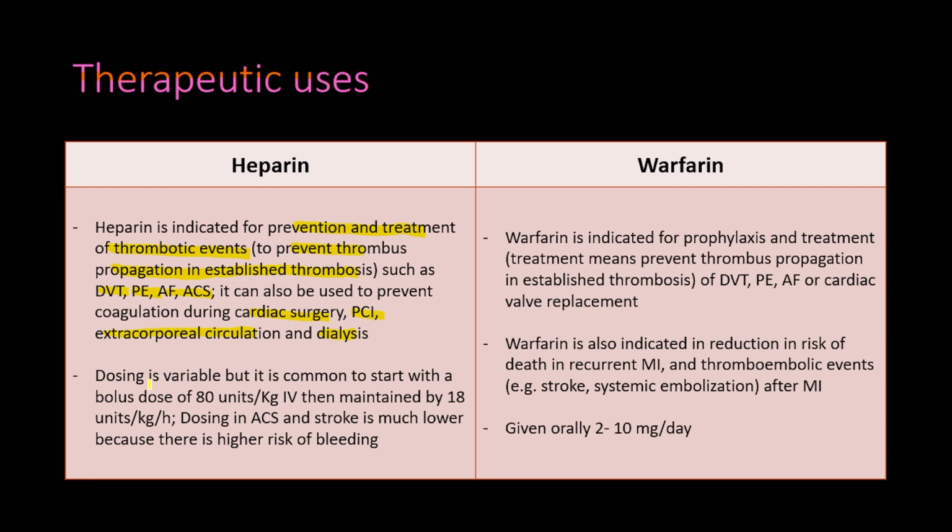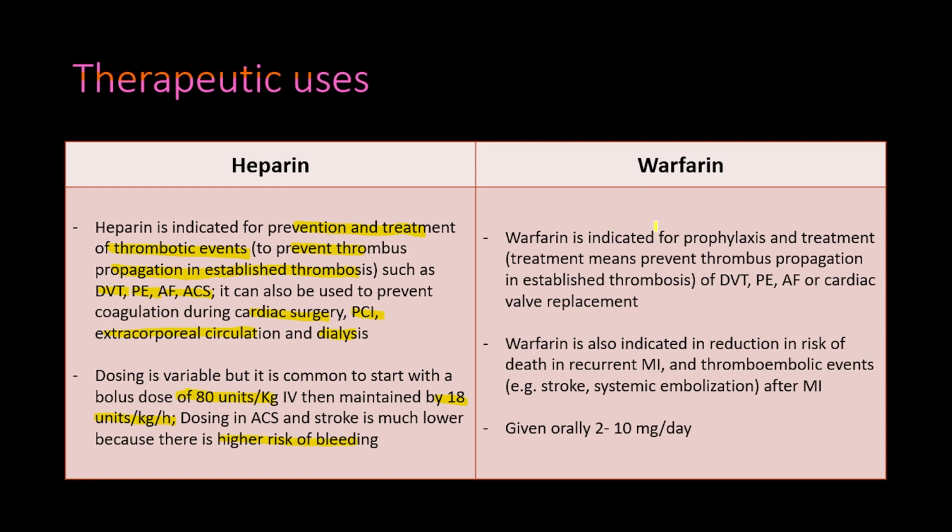And the dosing for the heparin is variable, but it is common to start with a bolus dose of 80 units per kilogram intravenously, and then maintained by 18 units per kilogram per hour, and the dosing in the acute coronary syndrome and strokes is much lower because there is higher risk of bleeding.